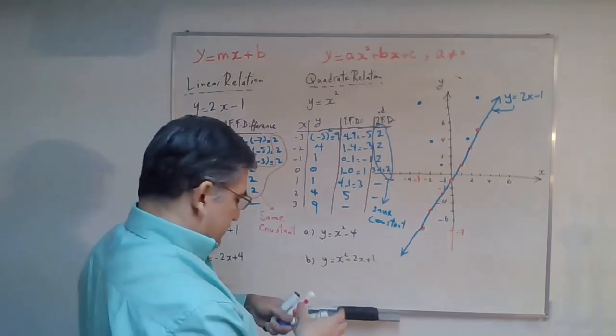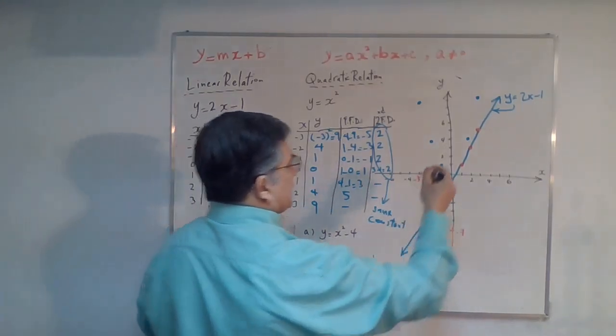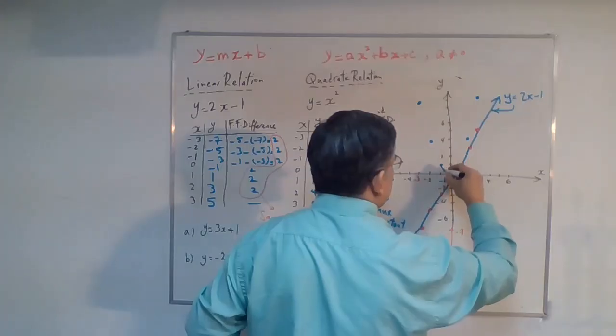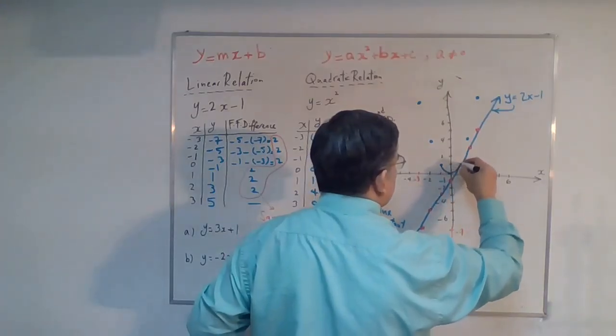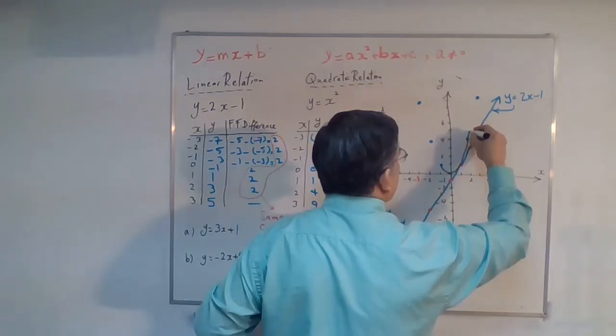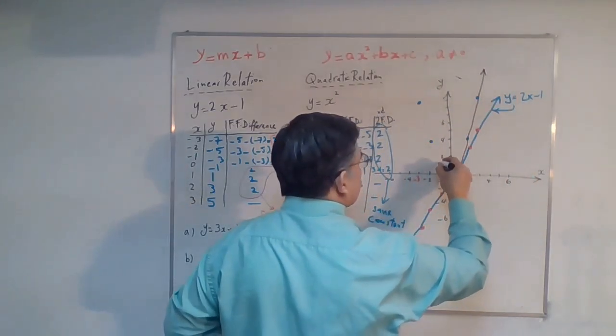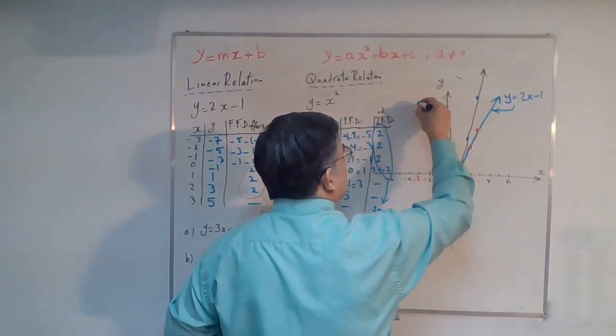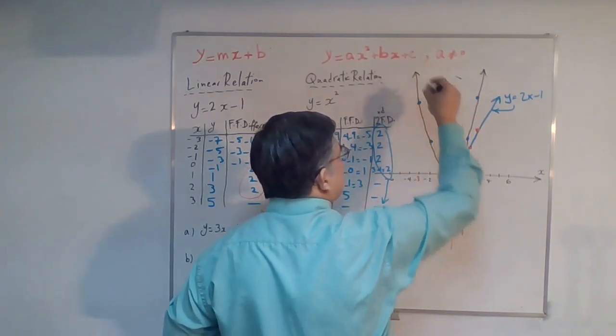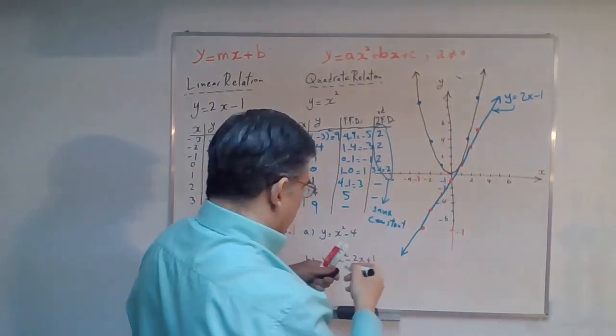So if I draw this graph, it's going to look like something like this. I end up with a symmetrical graph, symmetrical with respect to the y-axis. So this is how the graph will look.